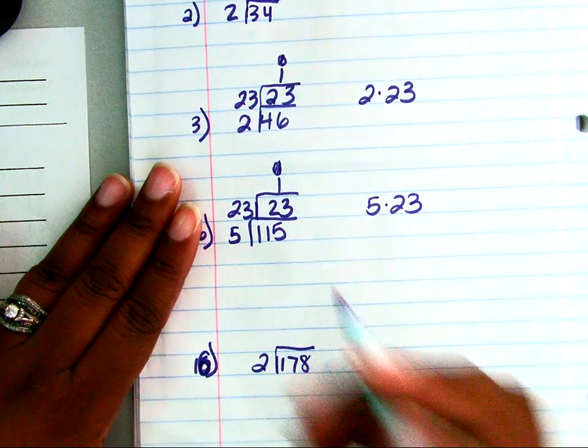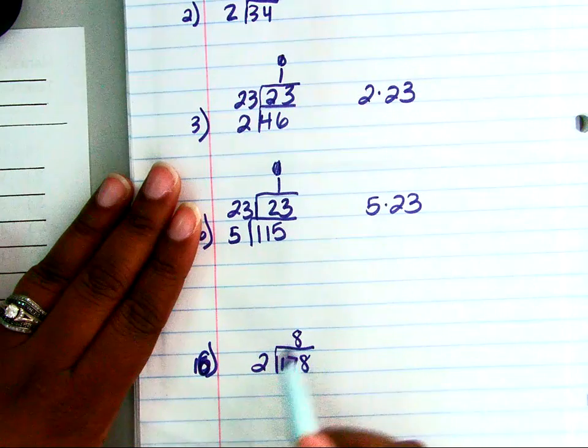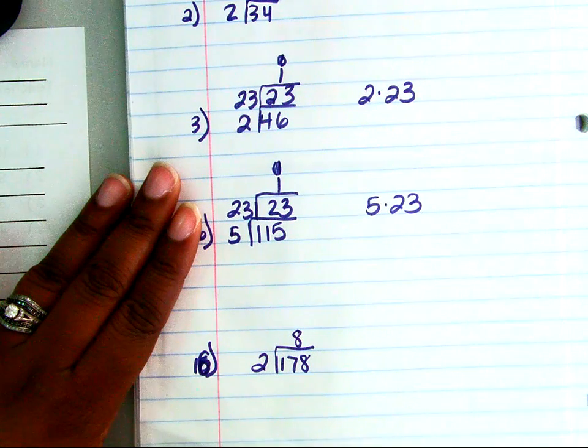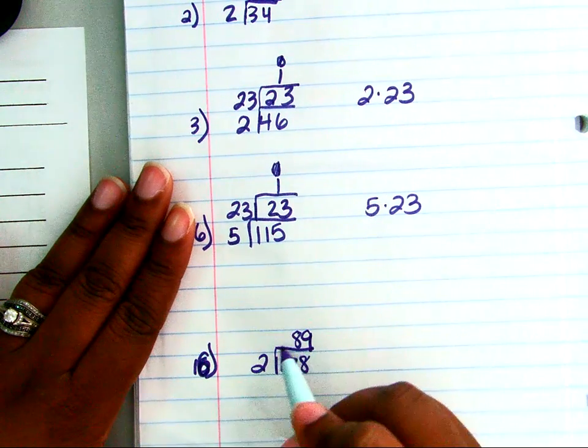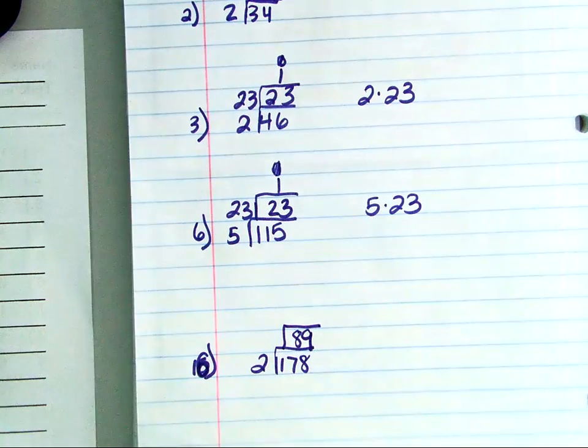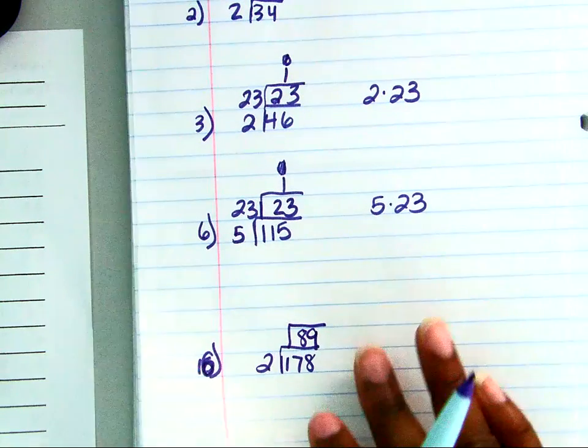8. Okay. 8 times 2 is 16. I'm going to have what left over? 1. So now my new number is what? 18. How many times can 2 go into 18? 9. Very good. Okay. I build my new cake. What do you want to divide by now? 89.